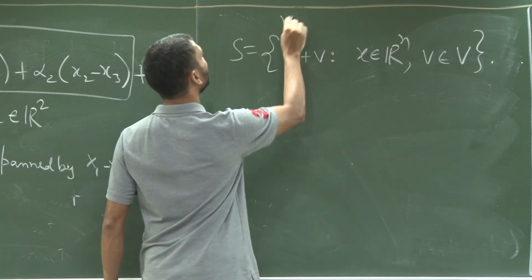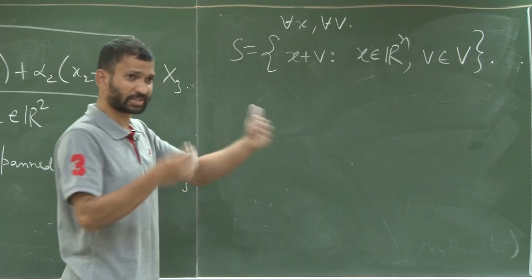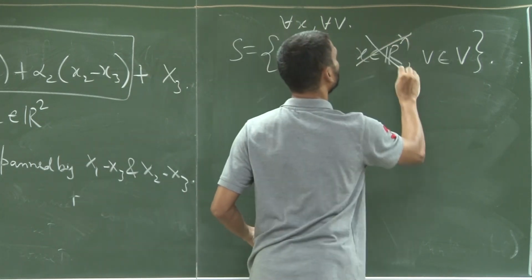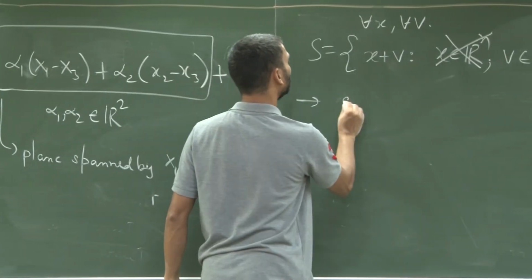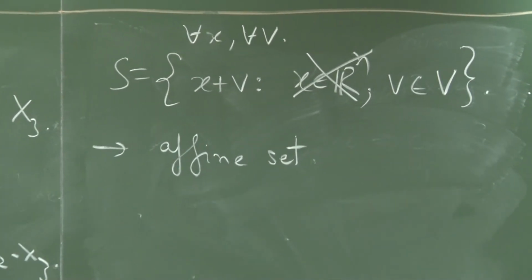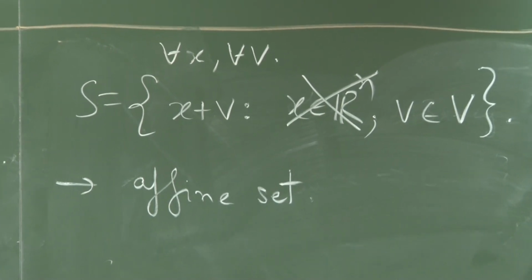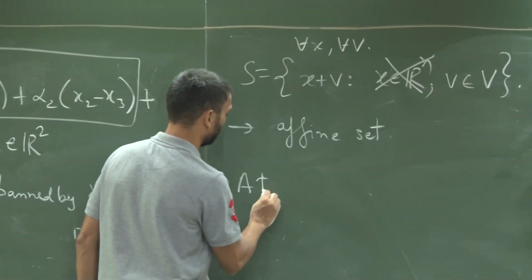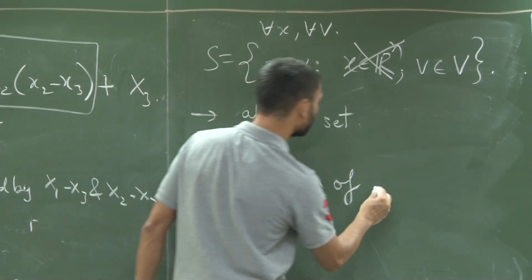So this is for all x and for all vector spaces. You fix an x, you fix a vector space, you define your set like this, and you can easily prove that this is an affine set. So a translation of a linear subspace is an affine subspace.